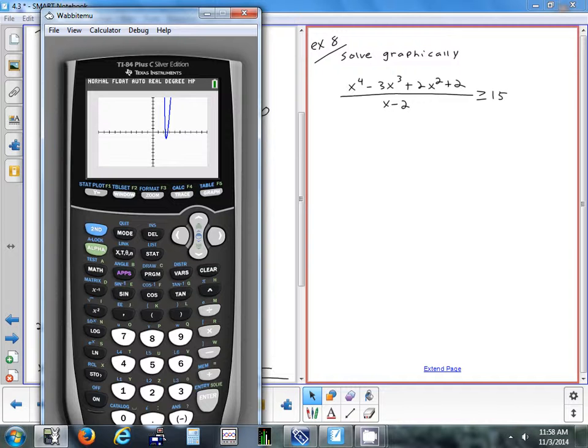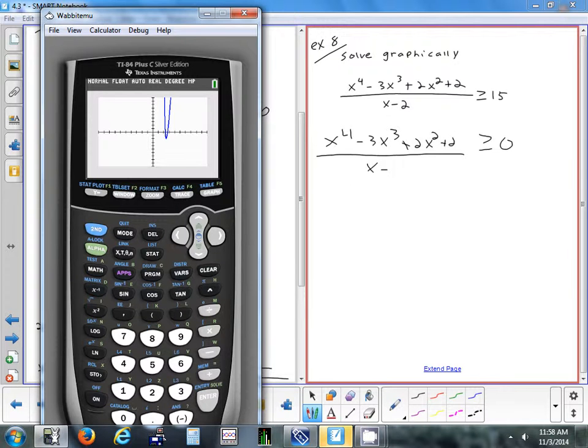So this time, do we want to look, let's write it out. We have 0 on the right, on the left, all over x minus 2, and minus 15. All right, so what are we looking for this time? It's a little different than the last problem.